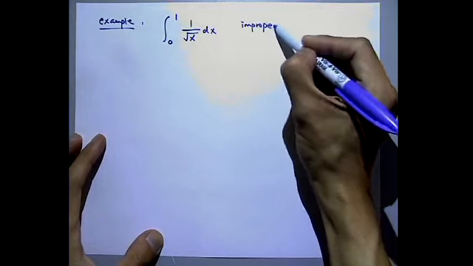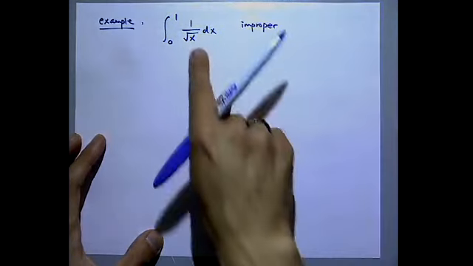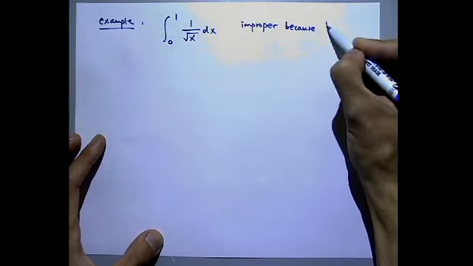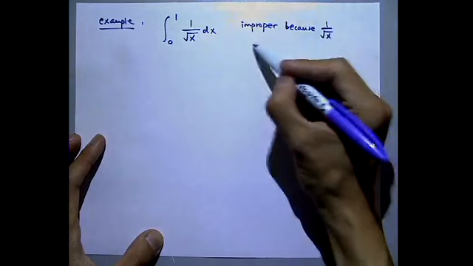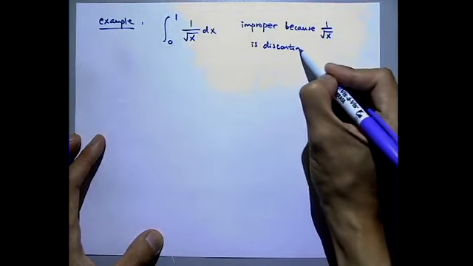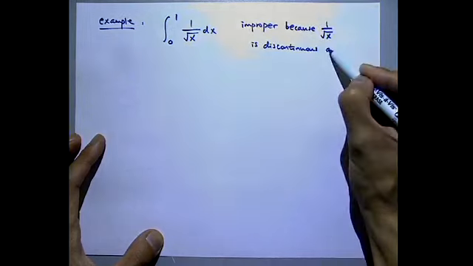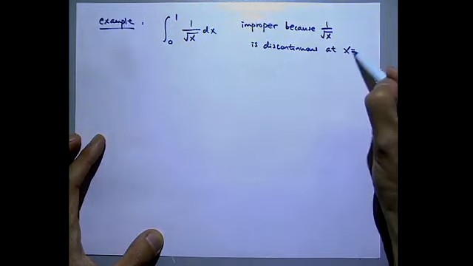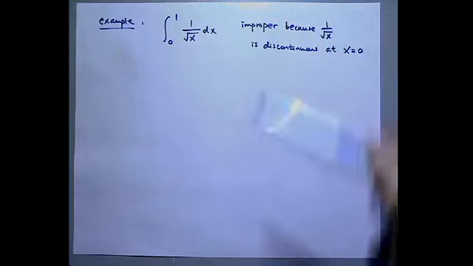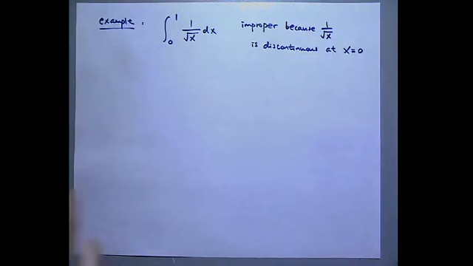And right away, we recognize that this is improper because 1 over radical x is discontinuous at x equal to 0. And that's where we start. We can't start at somewhere where the function doesn't exist. So that makes that an improper integral.